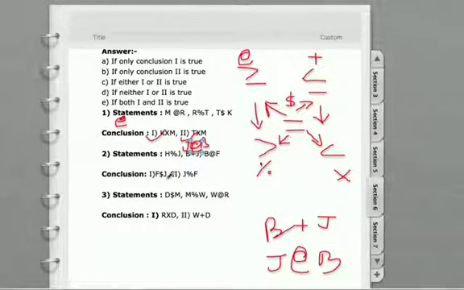So you think that these two are wrong, but it is not. It is a tricky type of question. You have to concentrate and see what I am telling you. F dollar J is given here. F dollar J means F is equal to J.